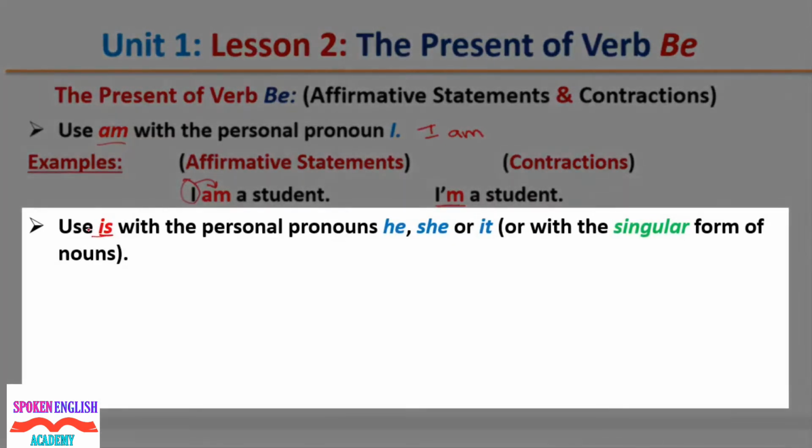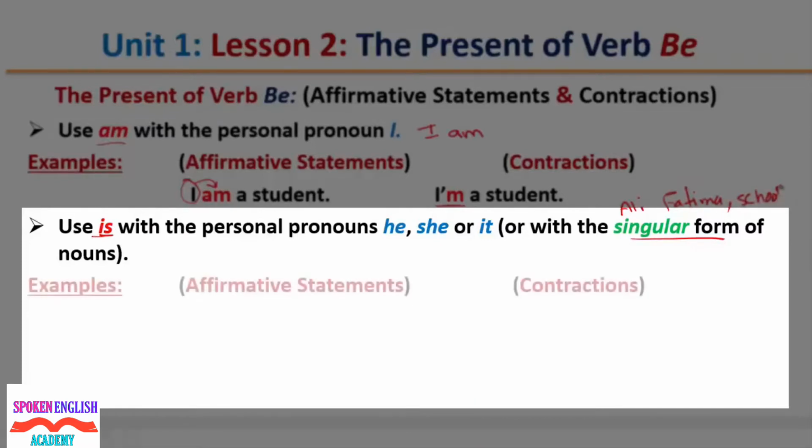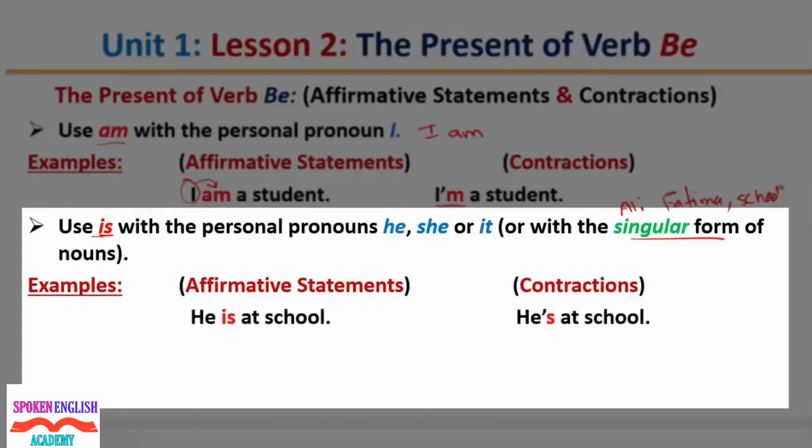Use is with the personal pronouns he, she, it, or with the singular form of nouns. The singular form of nouns, for example, Ali, Fatima, school, etc. Examples: he is at school.